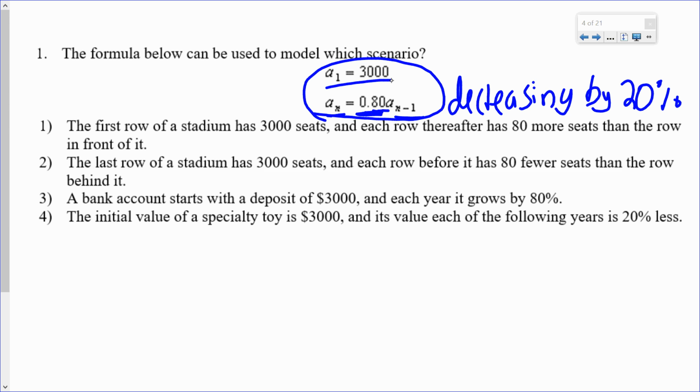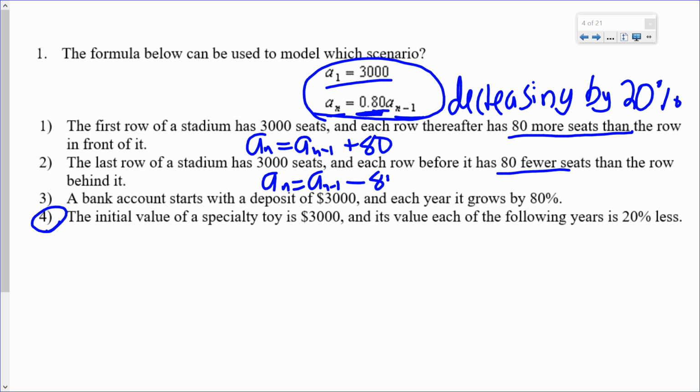The answer is choice 4. I'm going to go through each choice and tell you what the proper equation would be to represent the situation. If each row has 80 more seats than the row in front of it, then it's going to be the previous row plus 80. 80 fewer seats, so it's going to be the previous row minus 80.